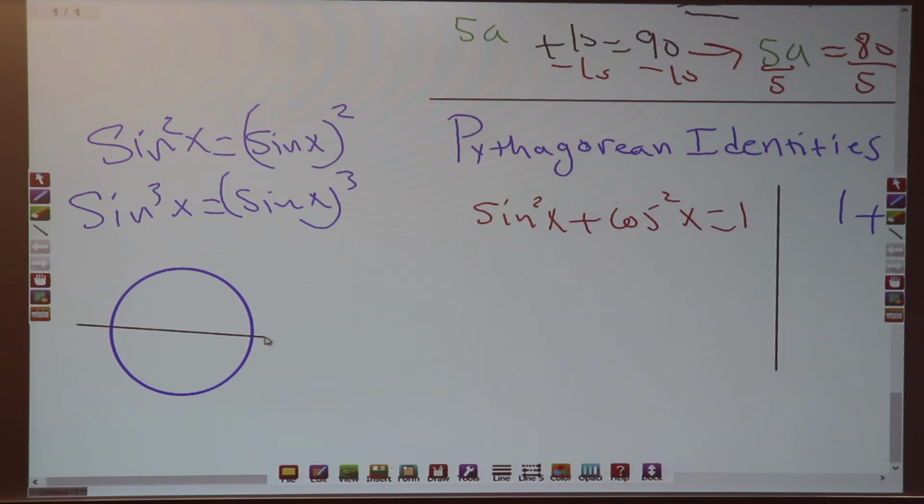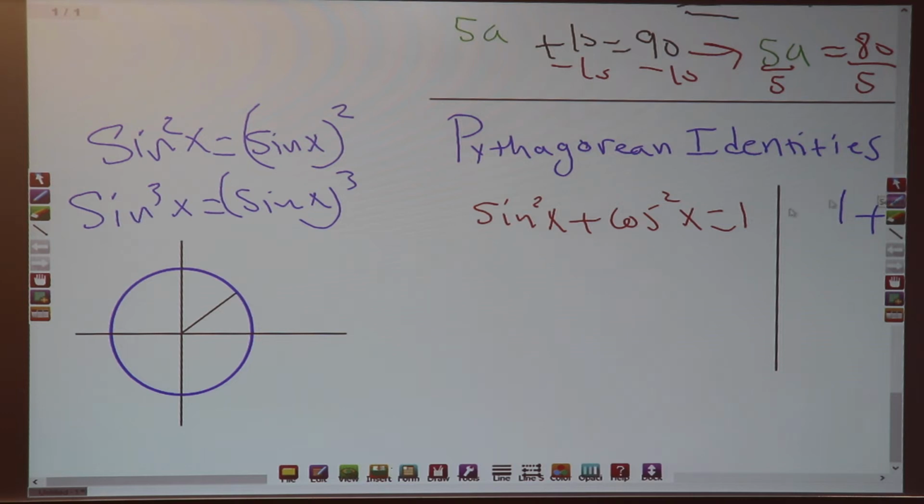A unit circle means a circle with a radius equal to what? 1. The unit circle means a circle with radius equal to 1. Okay, and this is the radius.